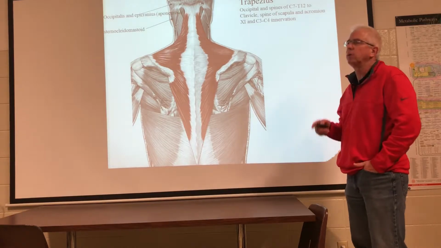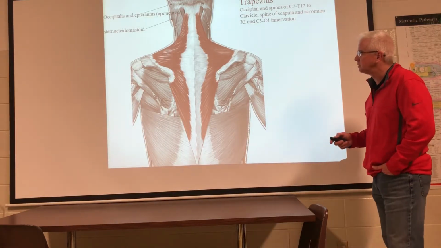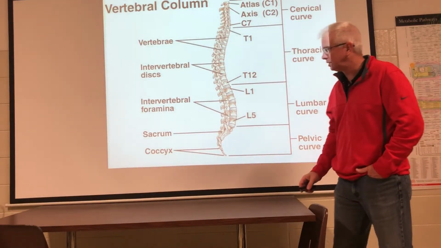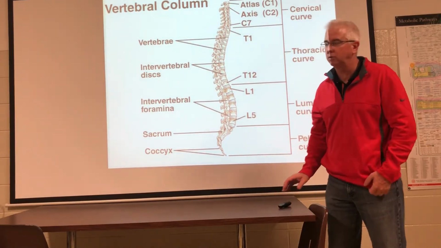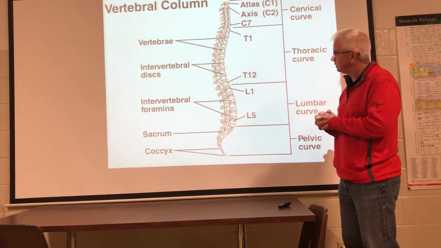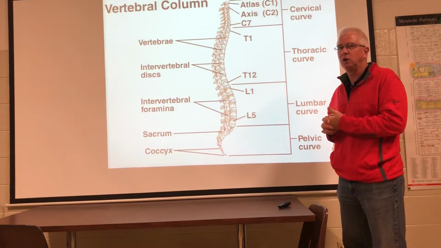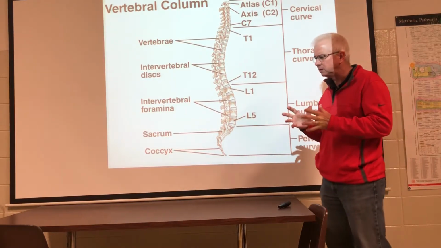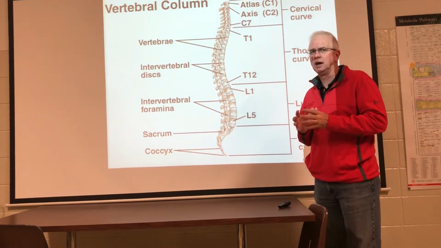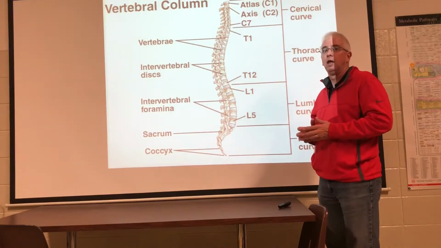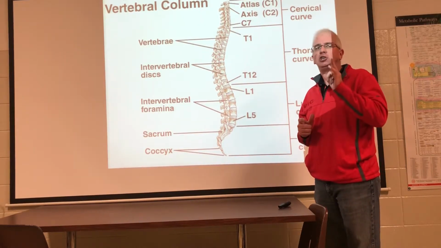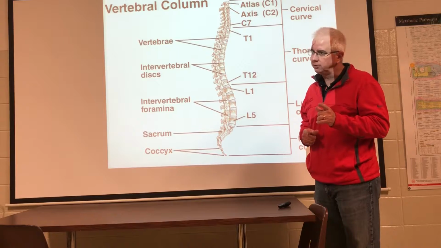So I want to pause here for the next 5 minutes and review with you the vertebral column stuff. Mention a couple clinical things. So first thing is this, the curves. Let's talk curves. The vertebral column is not straight from a lateral view. It should be straight from a posterior view.